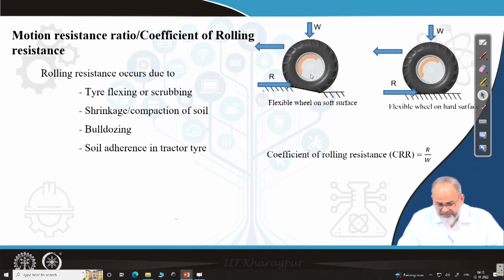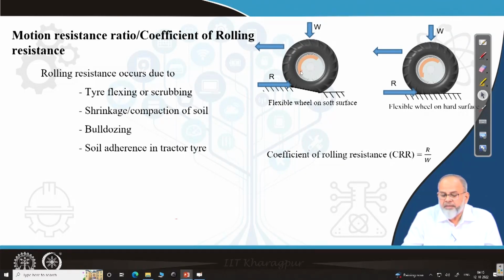So the rolling resistance in both cases is not the same. In a soft soil, since the tire has sunk into the soil, rolling resistance for the same operating condition will be a little higher. Whereas on a hard surface, since the tire has not sunk, only flattened, the rolling resistance will be a little lesser.